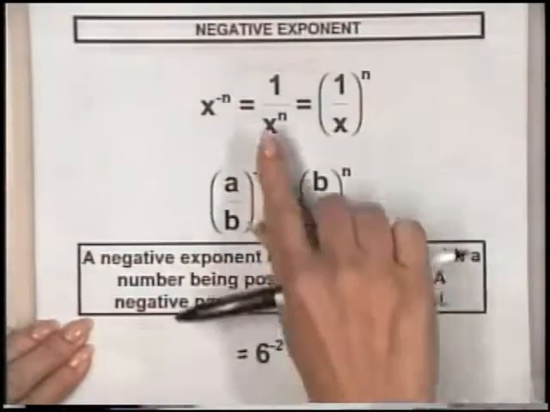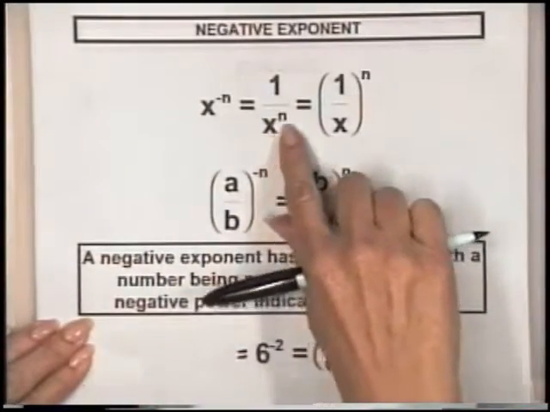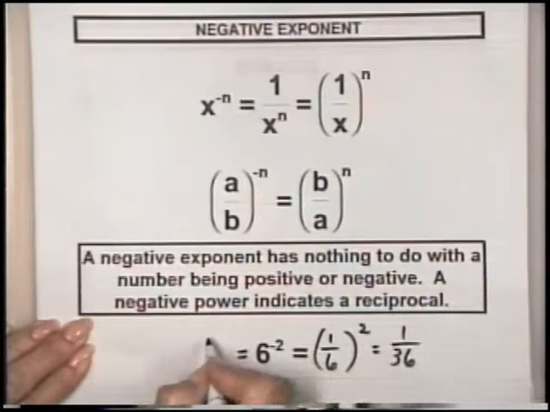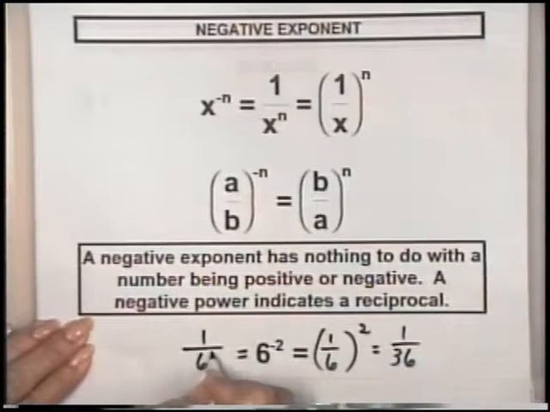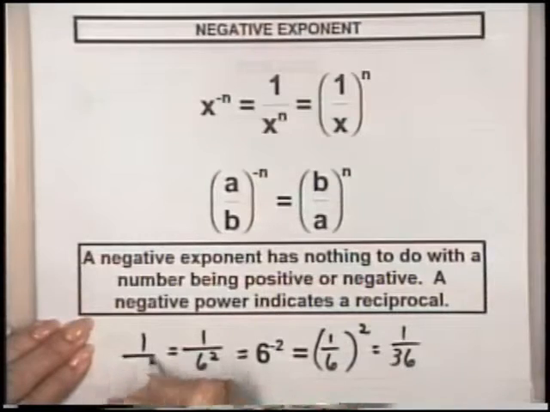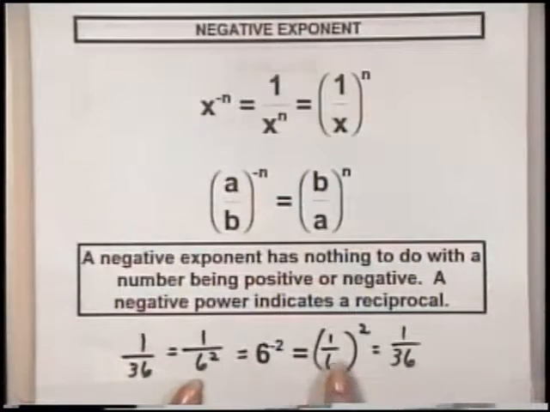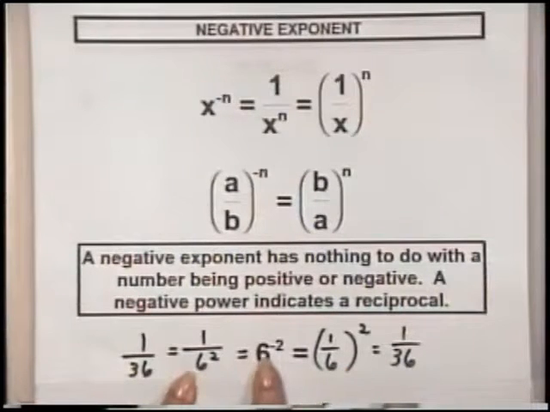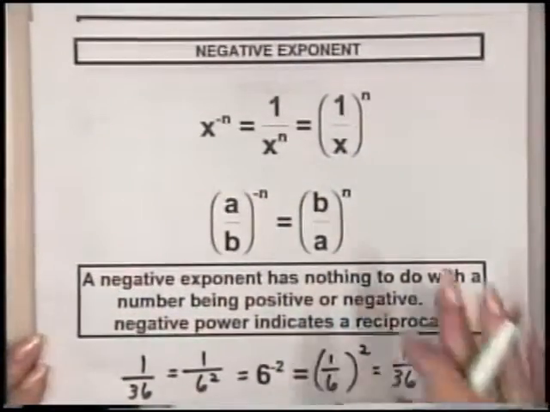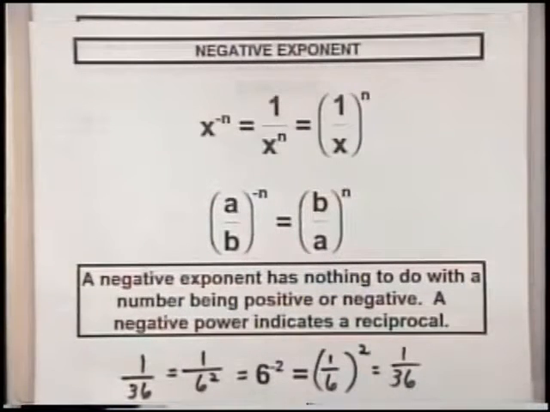Using the rule that 6 to the negative second is equal to 1 over my base raised to the positive power, I would have 1 over 6 squared, and that would be 1 over 36. So you see, you may use either the reciprocal rule, or you may take the 6 and put it in the denominator and raise it to the positive 2 power, and we get the same answer. I would write both of these rules down.